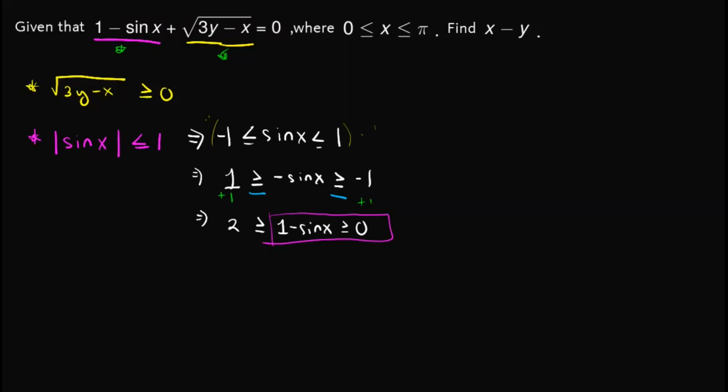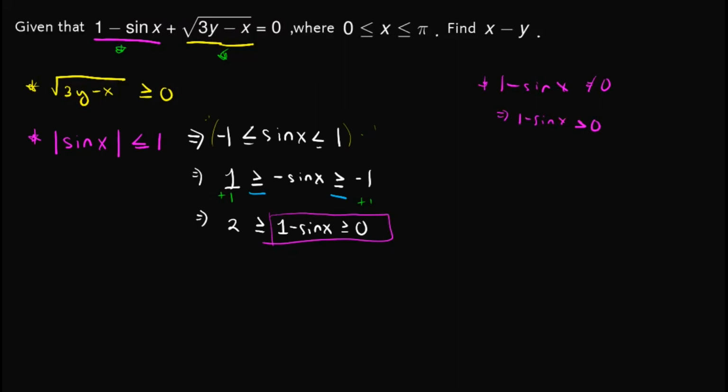So since their sum is equal to 0, then both of them must be equal to 0. Since if one of them is greater than 0, say if we have 1 minus sine x not equal to 0, so this would be 1 minus sine x is greater than 0.